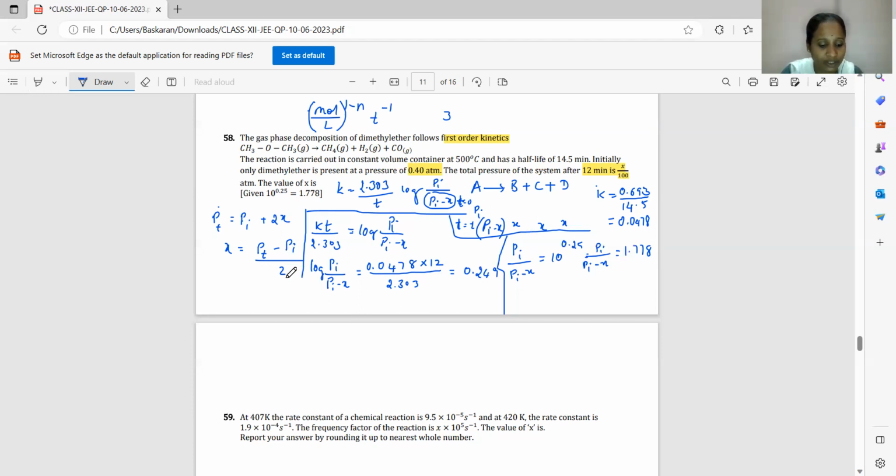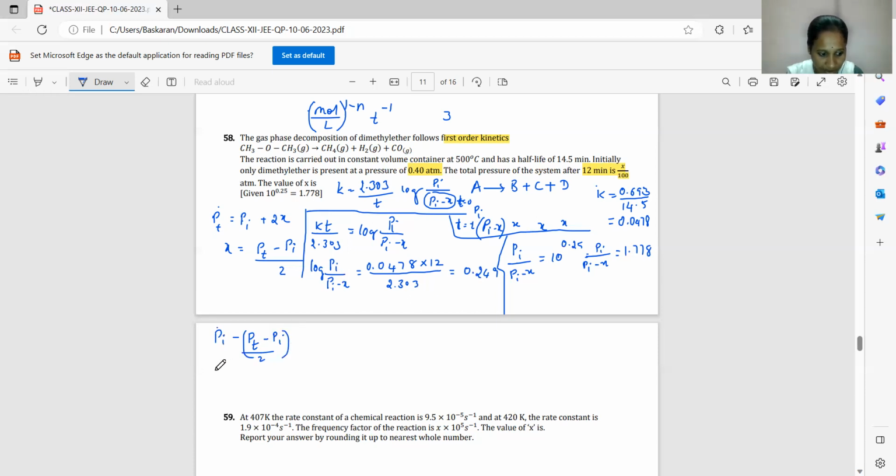X value is nothing but Pt minus Pi divided by 2. Correct? So now after substituting this, we will get the value, and let us do it systematically. I'm going to substitute this X value in this Pi minus X. So basically what do we get? Pi minus (Pt minus Pi) divided by 2.